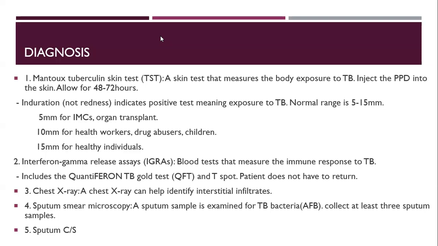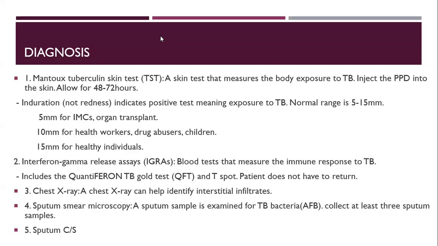If any individual who is not a health worker gets 12, it is negative. They must get 15 and above for a positive exposure to TB by the skin test. Hope it is clear. But a patient with immunocompromise, you don't have to wait for 10 or even 8. Once they get 5, it is positive exposure for TB.